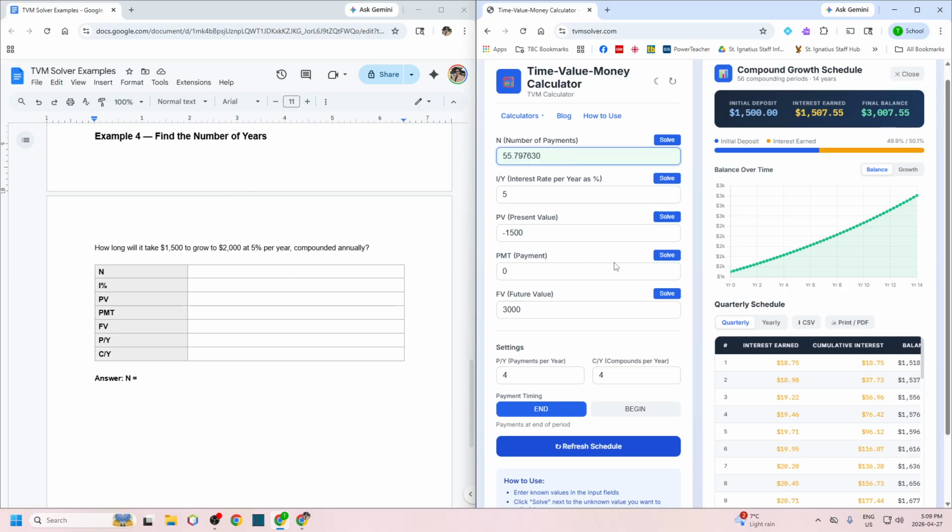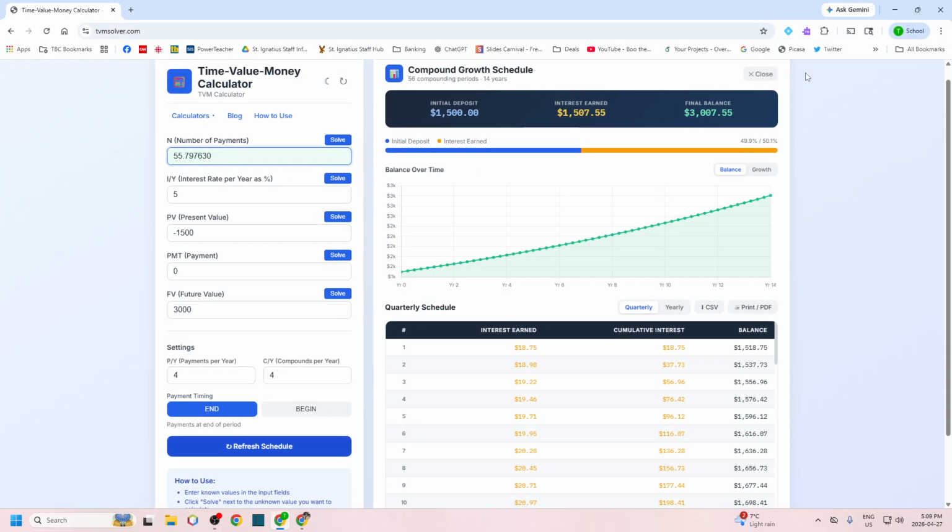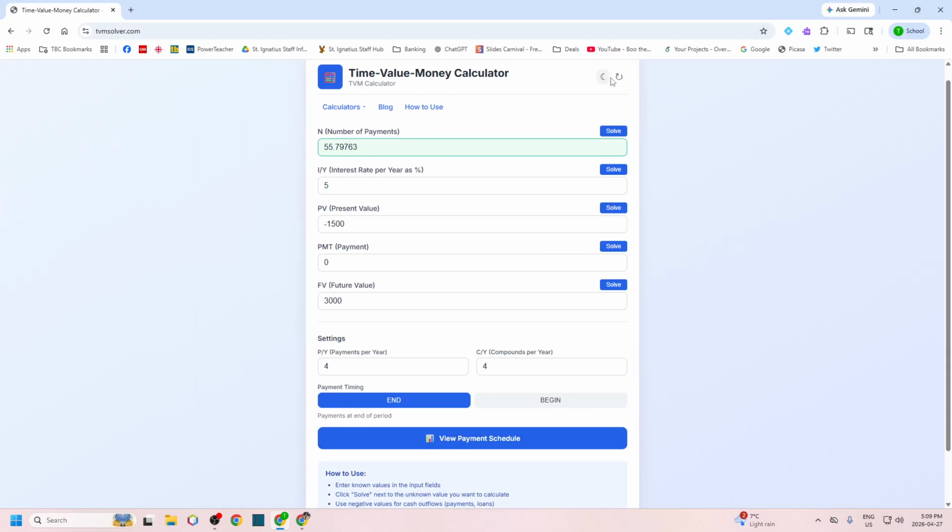Now, I will show you one extra little example. I love to show my students because everybody always wants to know, well, how do I get rich, right? So here's a cool little scenario for you. Let's say, for example, that you were 16 years old and you know you want to save up until you retire, okay? Most people retire when they're 55, 56 years old, something like that.